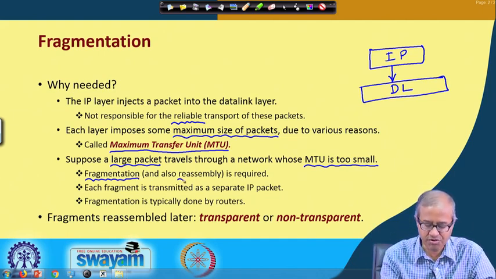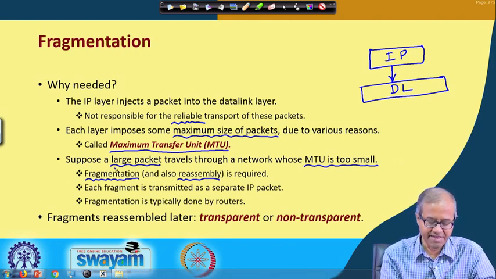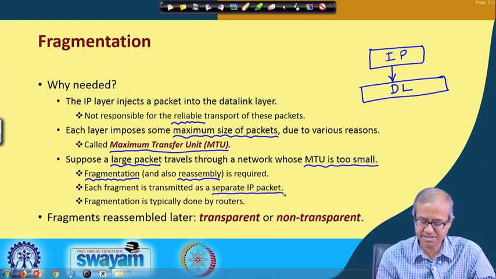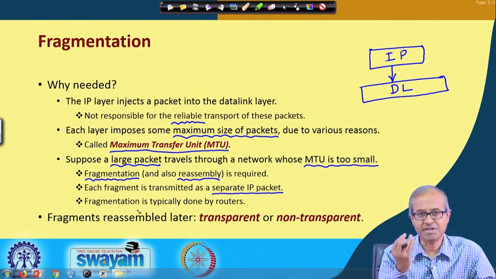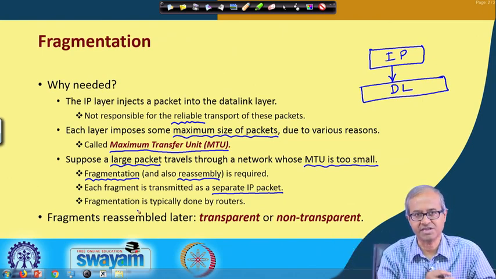That part is called reassembly. So, fragmentation and reassembly, and each of these fragments that are created are treated as separate IP packets and are transmitted separately. And this fragmentation is typically done by the routers when one receives a packet from some other network and wants to route it inside the network or maybe to the next network, right.